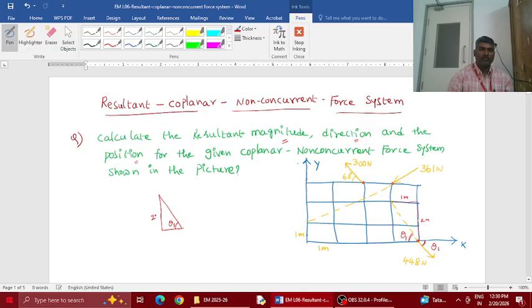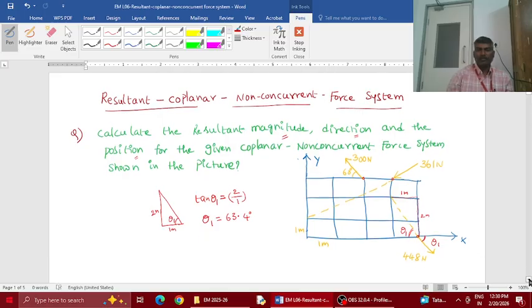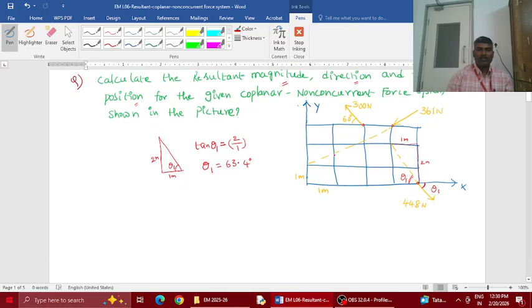This is 2 meters and 1 meter. So tan theta 1, using opposite side and adjacent side, is 2 by 1. So theta 1 works out to 63.4 degrees.